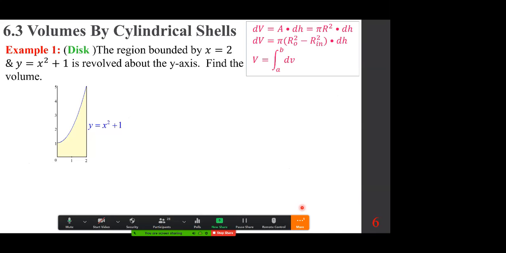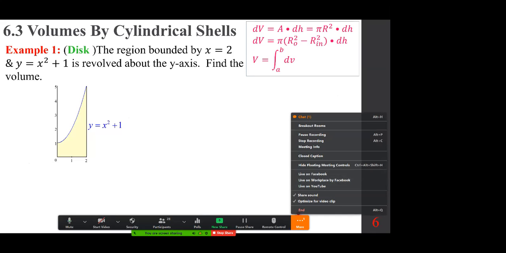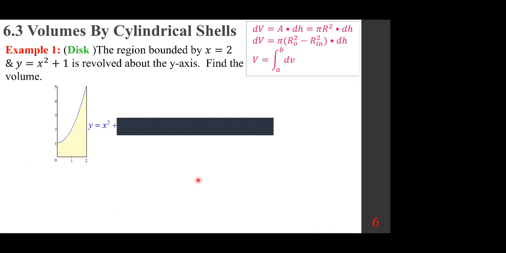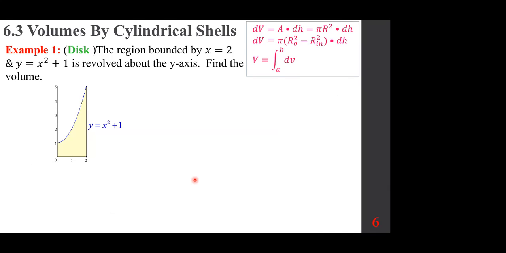And let's look at this example. The region is y equals x squared plus 1, and it's between that and x equals 2, basically the shaded region, okay? And we want to go around the y-axis. So what's happening here is there are really two parts.